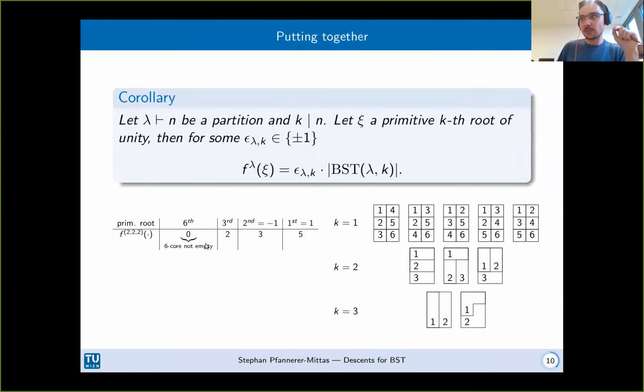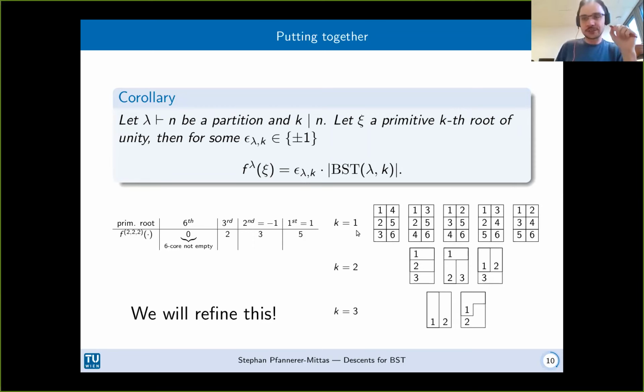In our example we had before, all the signs were positive, but it can be possible that this is also negative. So this is the example that we had before. We plugged in the roots of unity and got the cardinality of the set of border strip tableau with fixed strip size. And my goal was to refine this result.